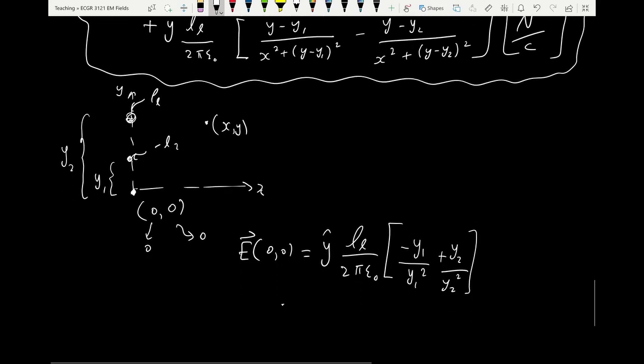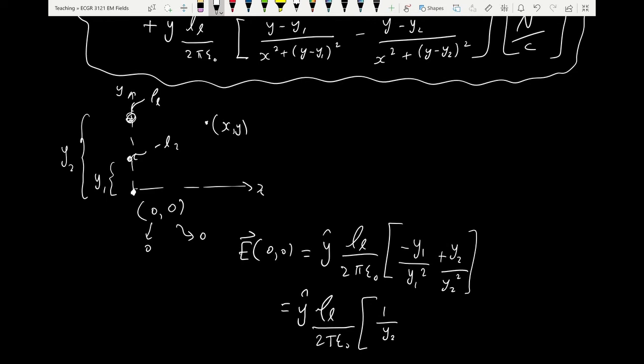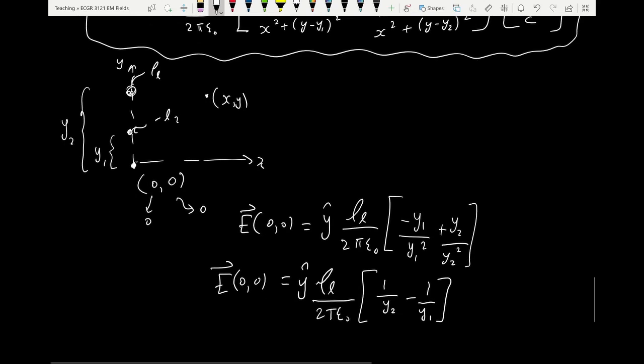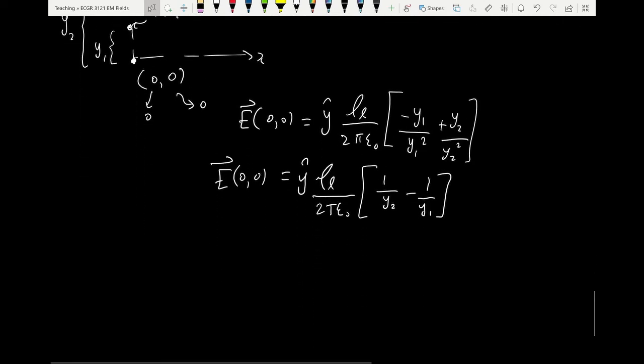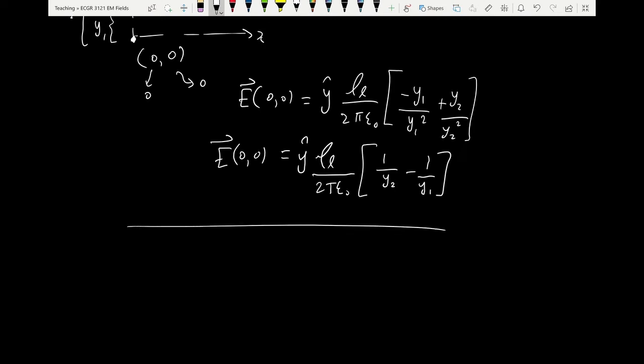So I end up with y hat rho L over 2 pi epsilon naught times 1 over y2 minus 1 over y1. This is the electric field right underneath the two transmission lines. Alright, and this is the end of this calculation. Okay.